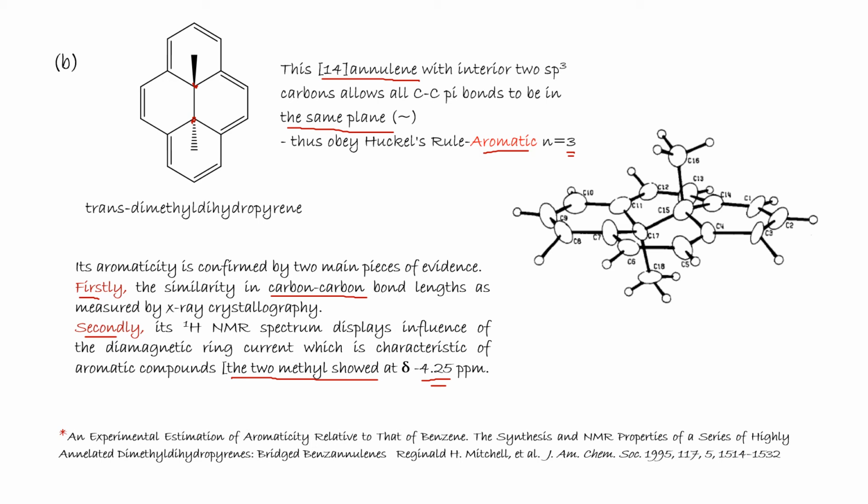Okay, the outside goes up to 7 and 8, and the inside of the ring goes upfield. So it showed up at minus 4.25, which is very clear for the diamagnetic ring current. And that was published in the Journal of the American Chemical Society in 1995.